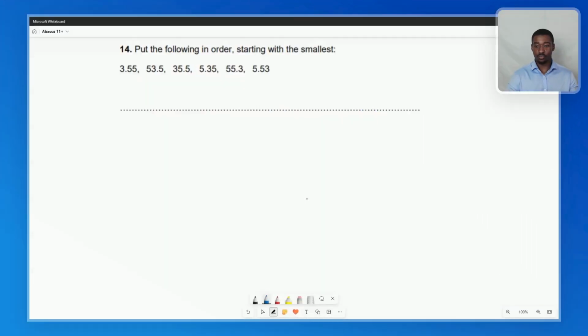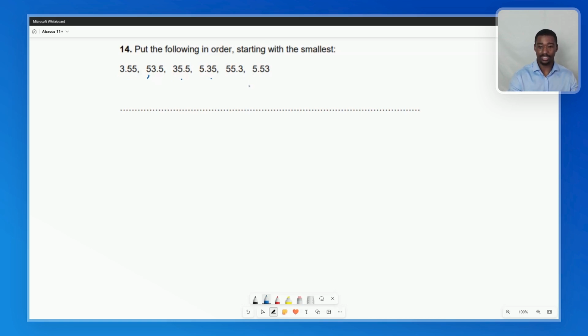Okay, so now we have to put the following in order, starting with the smallest. And again, we're going to draw upon our knowledge from the decimals questions beforehand. Different columns, tenths, hundredths, thousands, so on and so forth. So here, starting with the smallest, we're going to start by assessing the tens column because all these numbers don't go past the tens column, not tenths, tens.